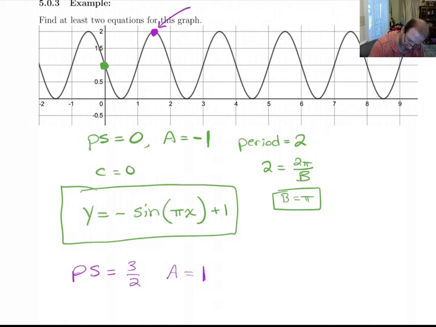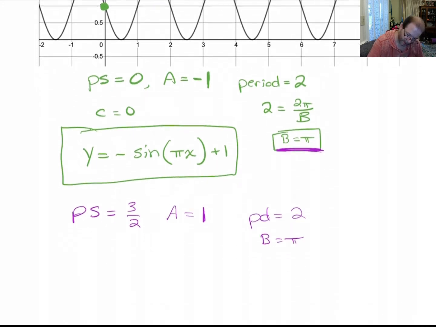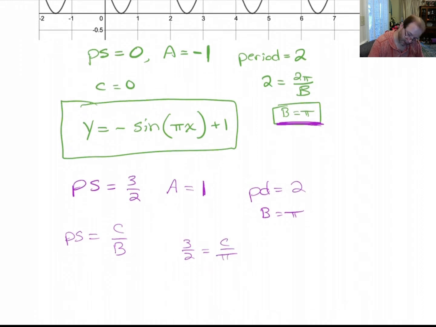All right, and our period is still 2, and I'm not going to go through this again, but we still get B is pi. So let's solve for the phase shift. Remember, phase shift is equal to C over B. So we get 3/2 equals C over pi. So that gives me C is 3 pi over 2.